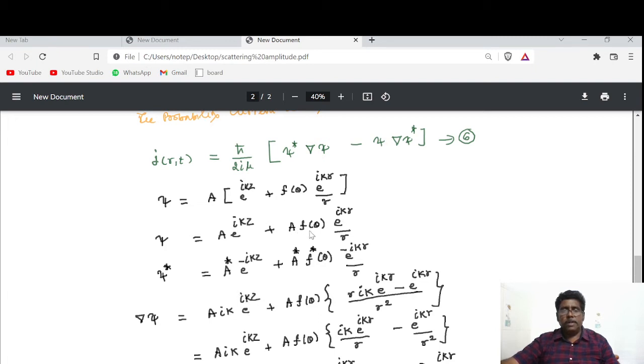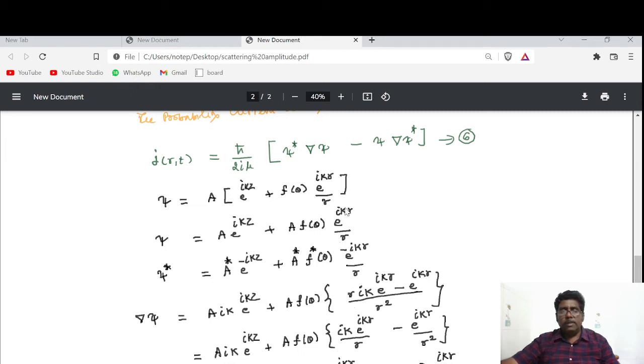Now come to the second term. Here A and f(θ) are constants, maintained as such. Then e^(ikr)/r is differentiated using the u by v formula. This is the square of the denominator, r square. Then write down the term present in the denominator as numerator, r.